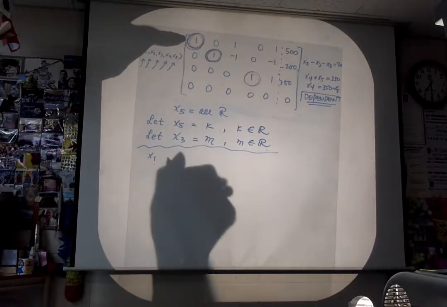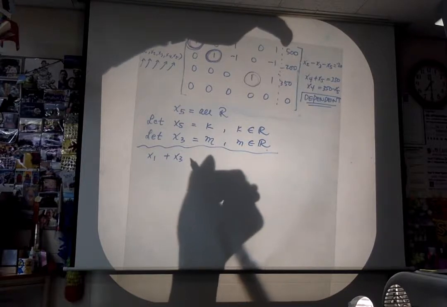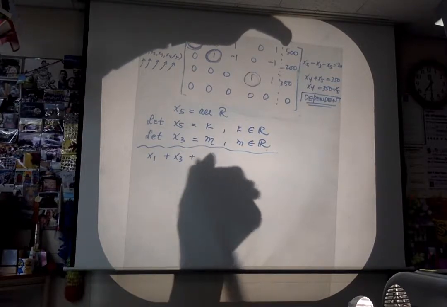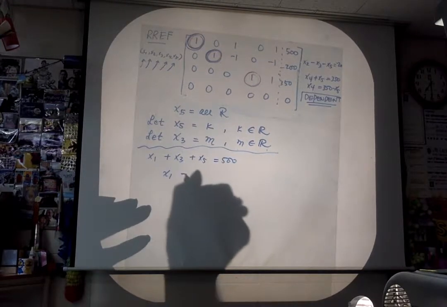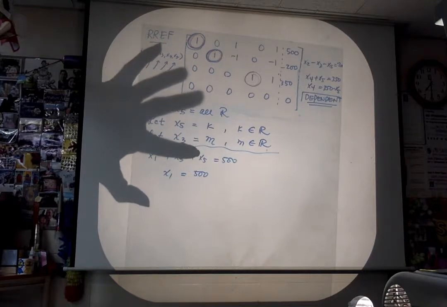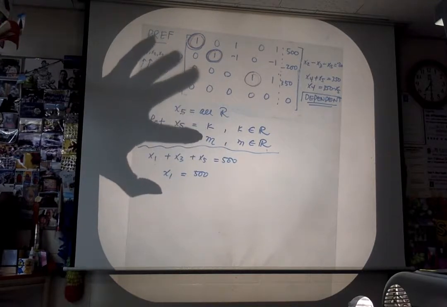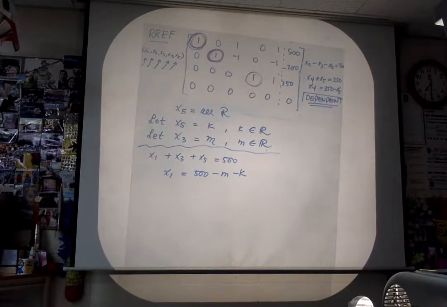Now let's go to the first equation. It says x1 plus x3 plus x5 must be 500. We're just rewriting this into a linear system again, right? That implies x1 is equal to 500 minus x3 minus x5, but instead of writing x3 and x5, we write in terms of k and m. So it's 500 minus m minus k, and that's x1.